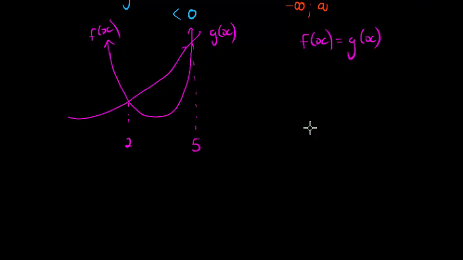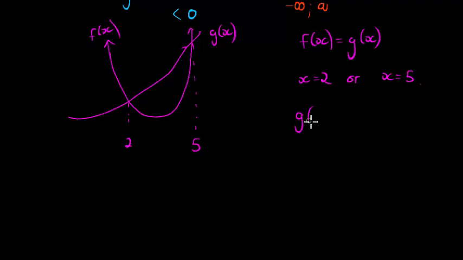If they ask find the values for x for which f(x) is equal to g(x), it's the points of intersection.